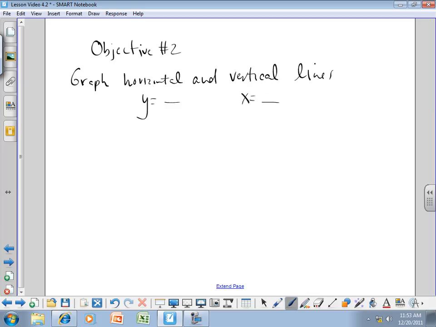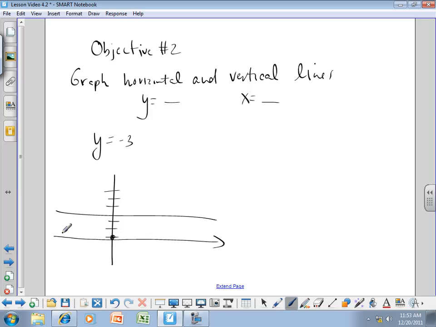So if I was to give you the equation y equals negative 3, that is a horizontal line. Horizontal means like the horizon, and it goes through negative 3. And so that's what that line looks like.